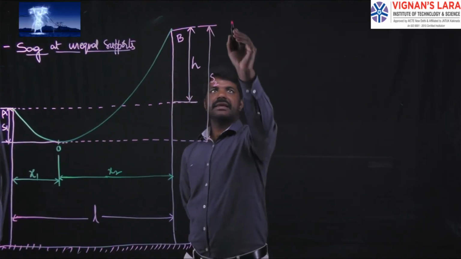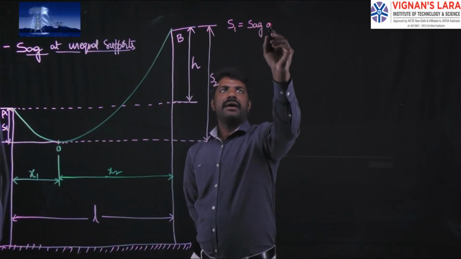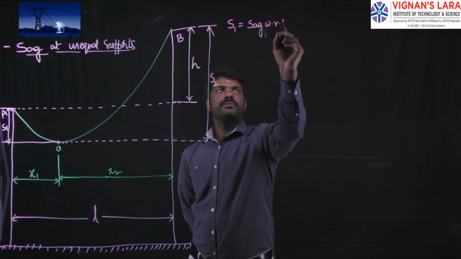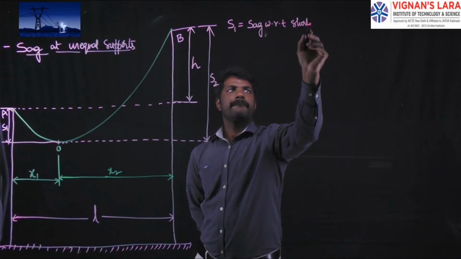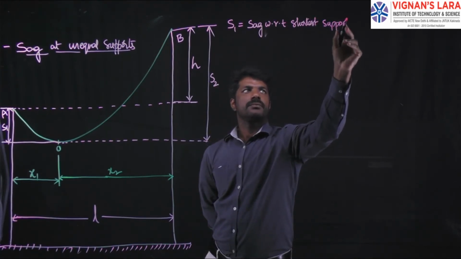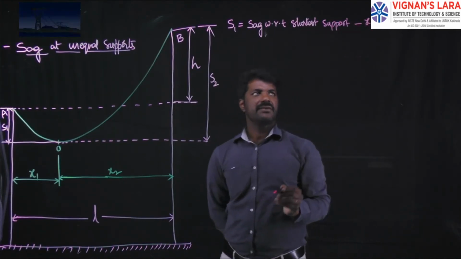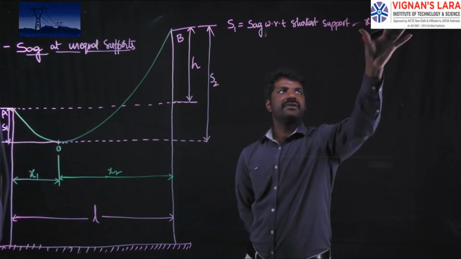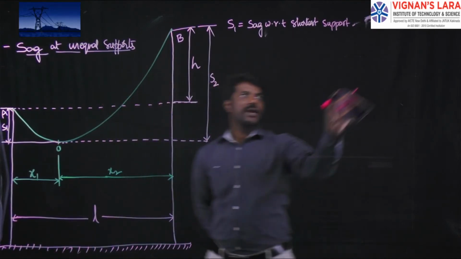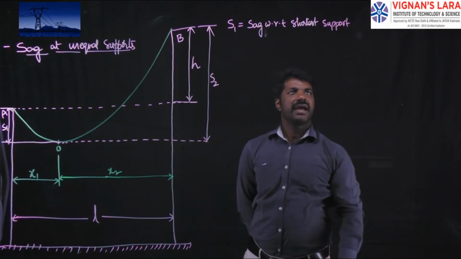Let us write clearly. S1 is equal to the sag with respect to the shortest tower, shortest support, and this sag S1 is identified for a distance of x1 meters. Sag S2 is also identified with respect to the tallest tower for a distance of x2 meters.